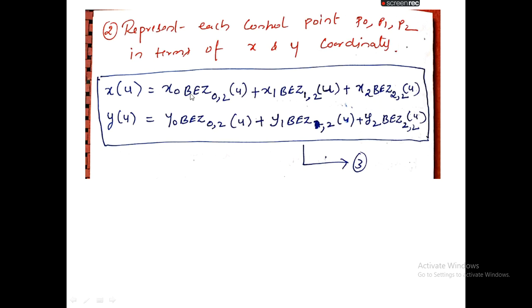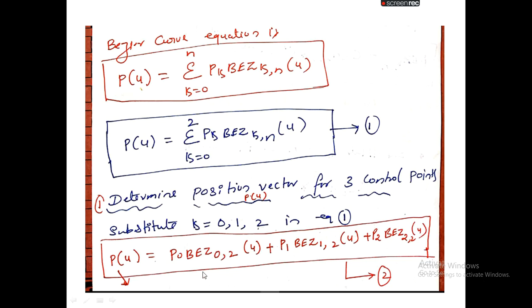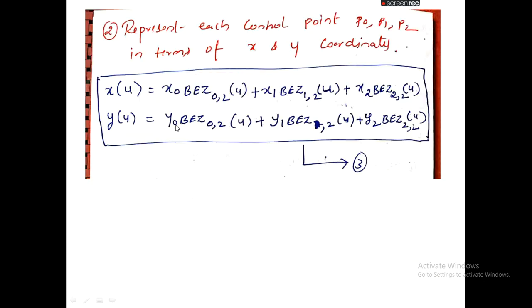Then this equation will become determining the coordinate position of each pixel with respect to the x-axis. Next equation, wherever P naught, P1, P2 is there in the previous equation, now I will substitute the y value.